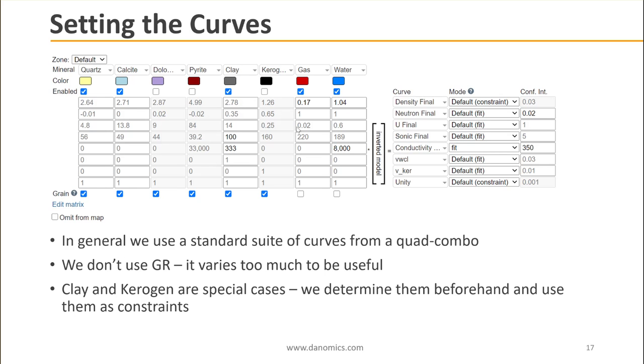The gamma ray varies too much among minerals to really be useful to us. And I will say that clay and kerogen are a bit of a special case. We are using our deterministically derived clay and kerogen, and we're putting those in as essentially constraints on the analysis.